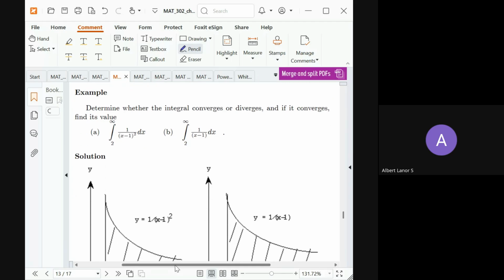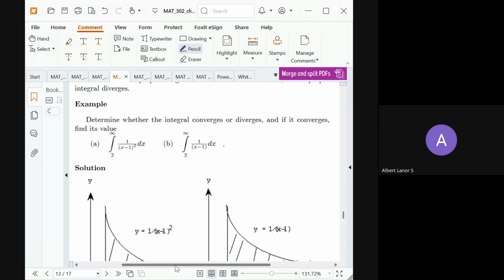These ones, we are integrating from 2 to infinity. Now, what's the domain? The domain is x not equal to 1. So from 2 to infinity, the function is defined everywhere.